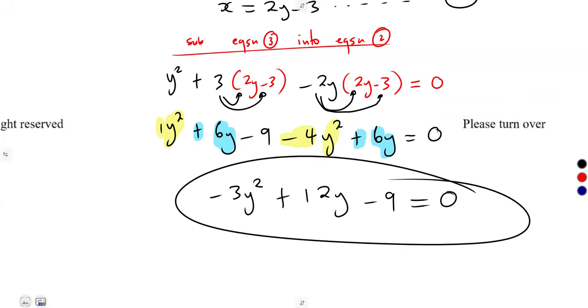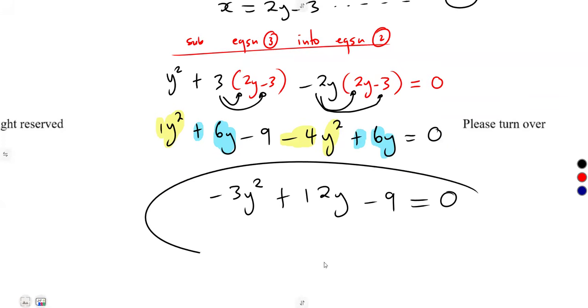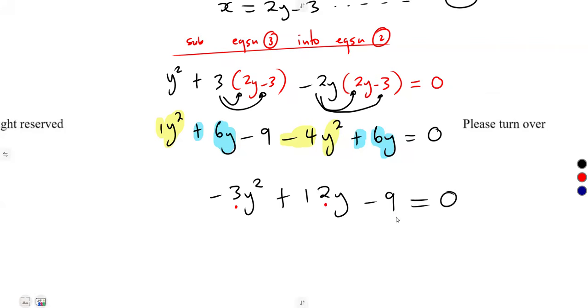Yes, as we have got our quadratic equation, someone can simply solve this using the quadratic formula. It is fine. But you can also reduce your equation considering the highest common factor between these numbers, negative 3, 12, and negative 9. You can see that 3 is the highest common factor, but we can also avoid working with the negative. So we can make it positive by dividing by a negative.